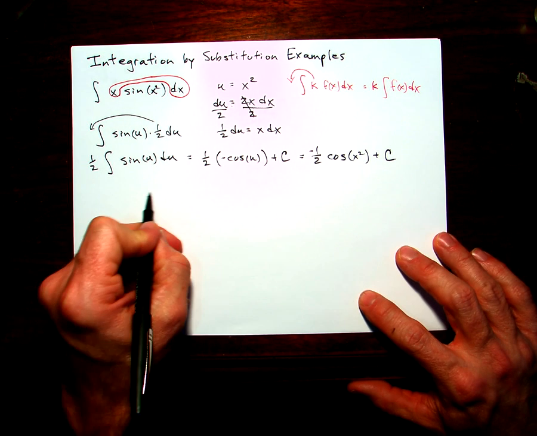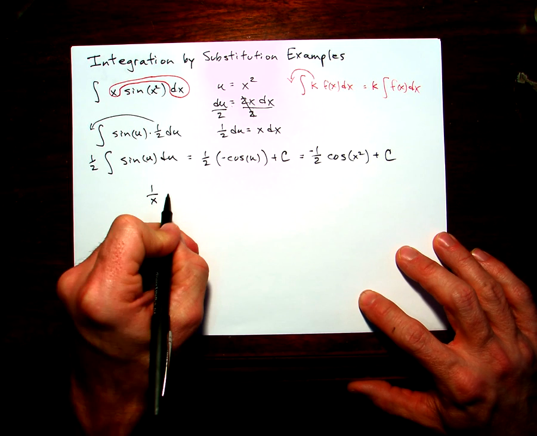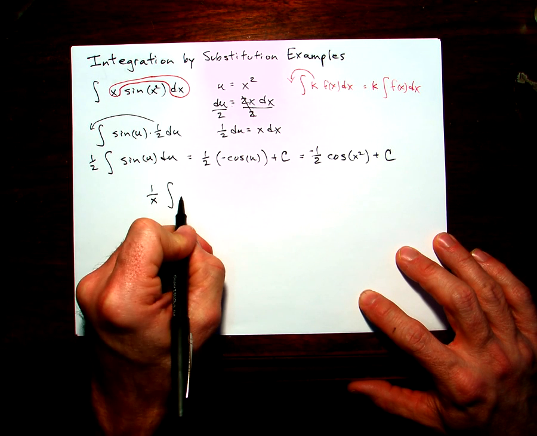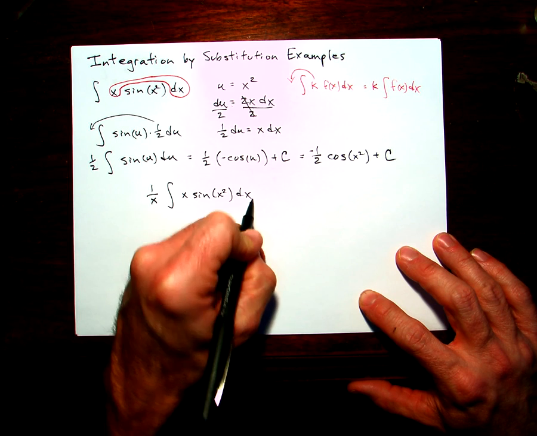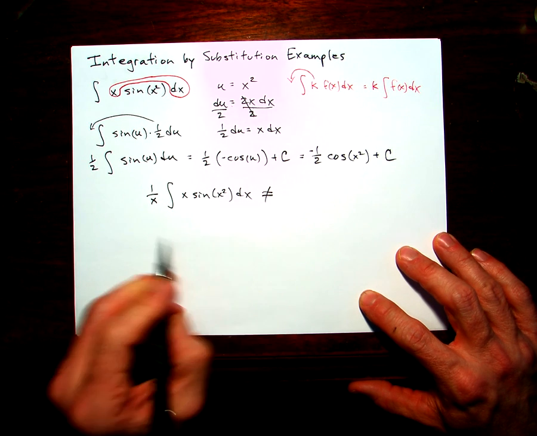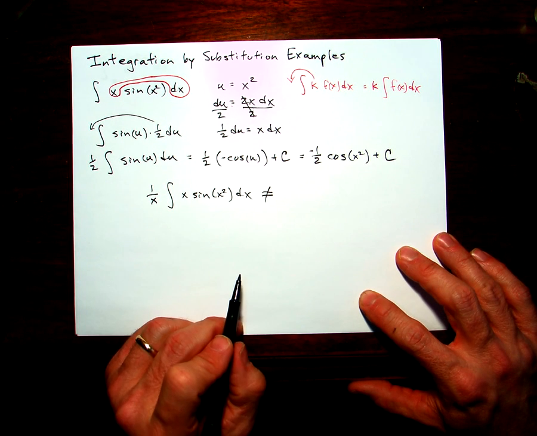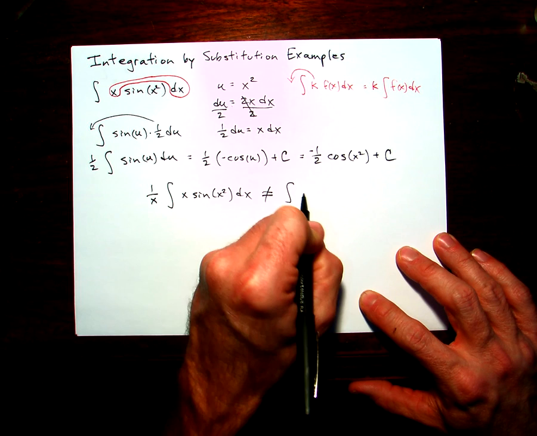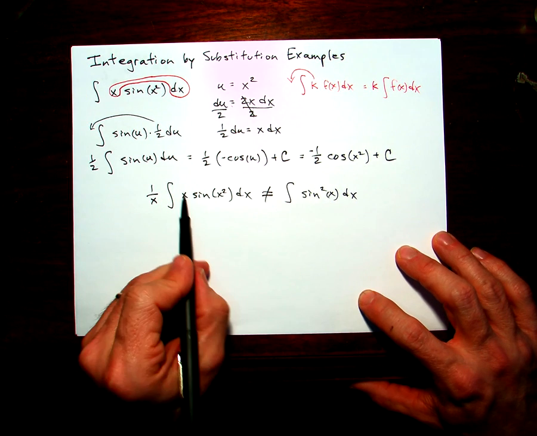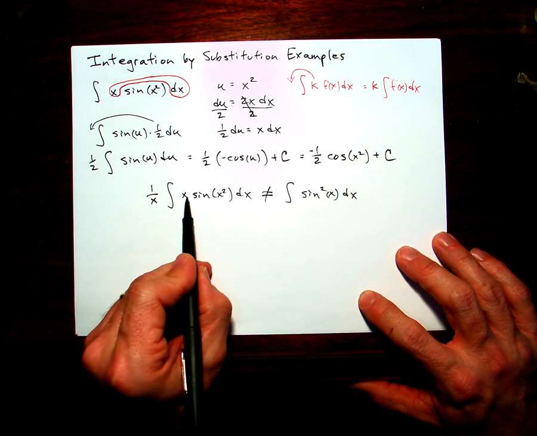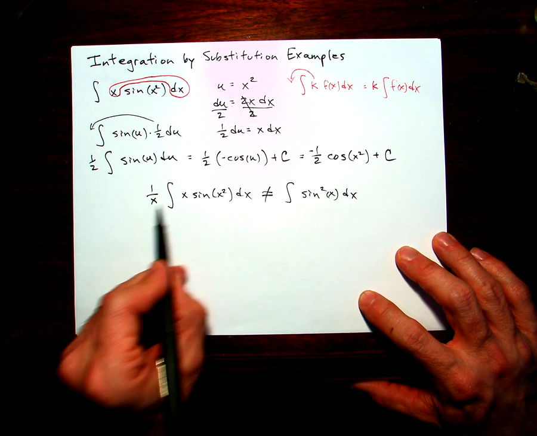For example, if I say the integral of 1 over x times x sine of x squared dx, that is not the same. In other words, this 1 over x and the x don't cancel, right? That's not going to be the same as the integral of sine of x squared dx, because this x is inside the integral. We're looking for the antiderivative, and we can't just cancel them.